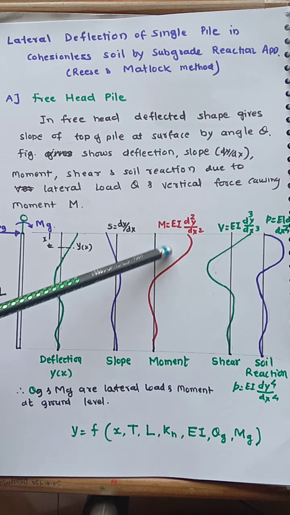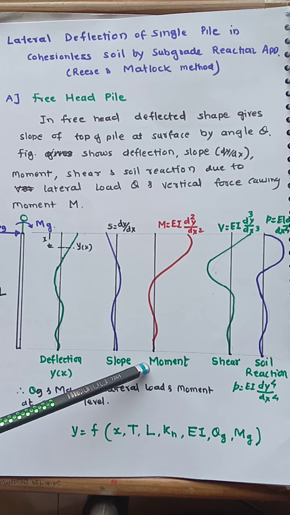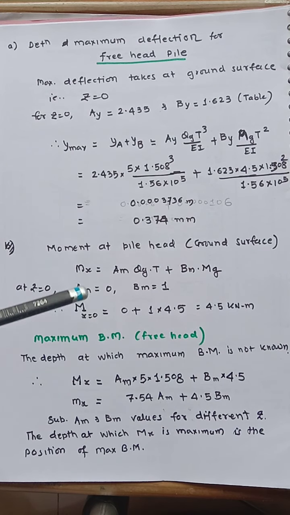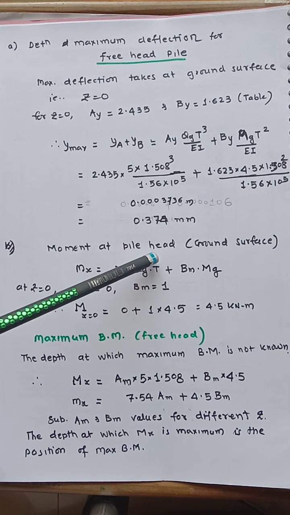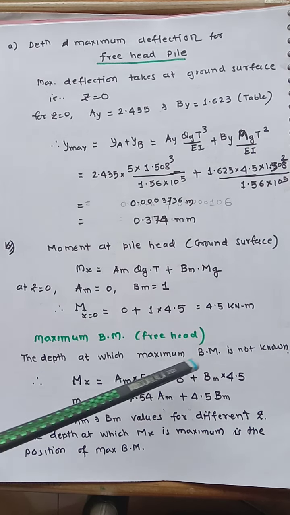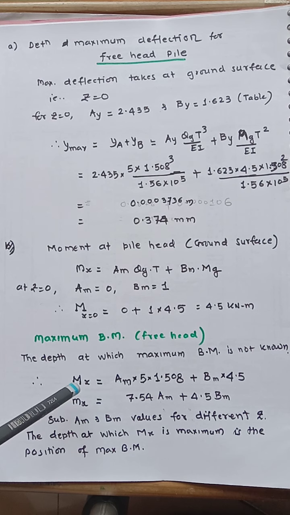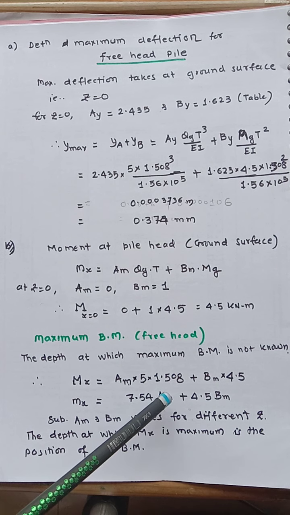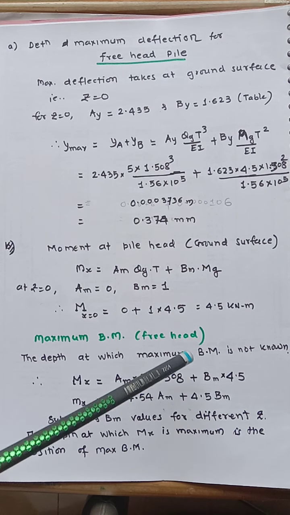So we don't know where exactly it is maximum. Therefore we write the same equation, Mx is equal to AM QGT plus BM MG, and these two parameters we have to investigate from the table.